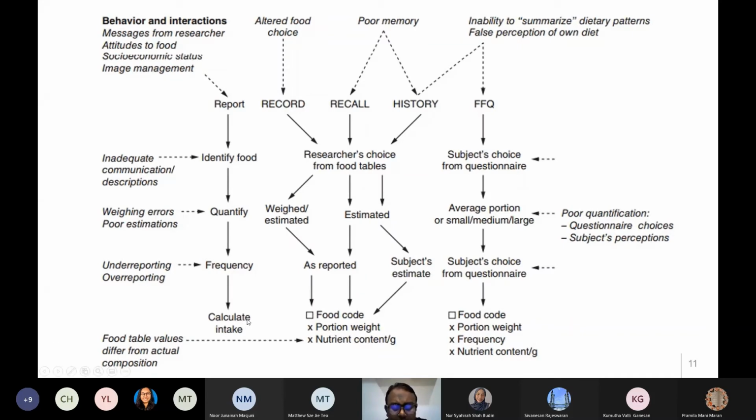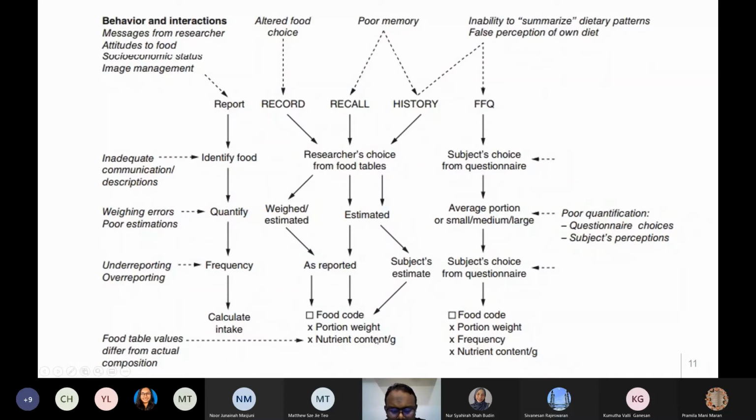And finally, in the calculating intake step, we'll have food coding, portion weighing, and nutrient content per gram for all these 3 methods. And for FFQ, we have another additional item, which is the frequency during calculating intake.